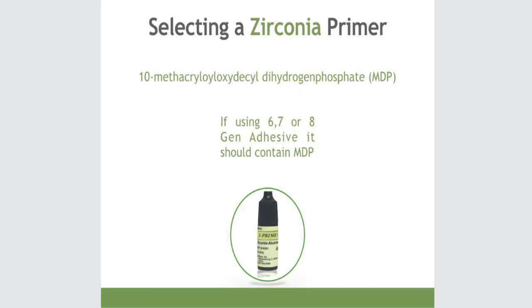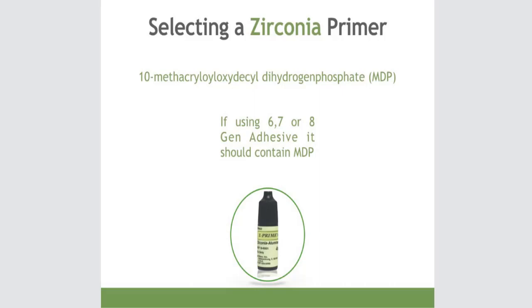The next thing is we want to select a zirconia primer that is specific to zirconia. Now some adhesives say you can use the adhesive as a primer, and that's because the adhesive has this 10-MDP phosphate in it.